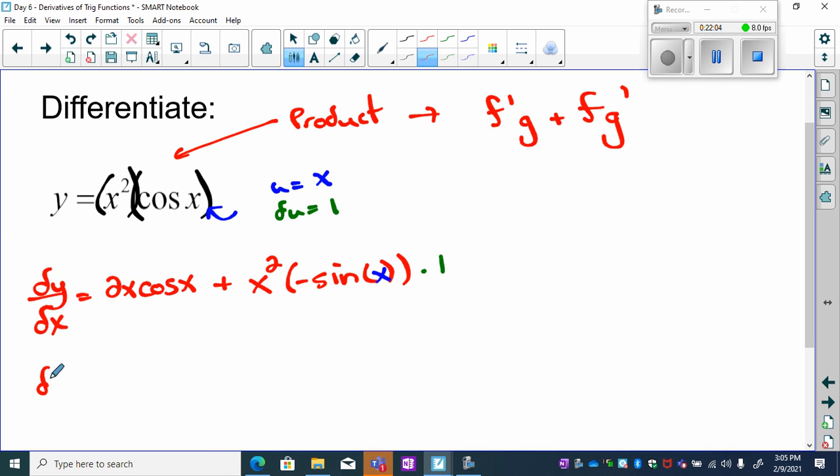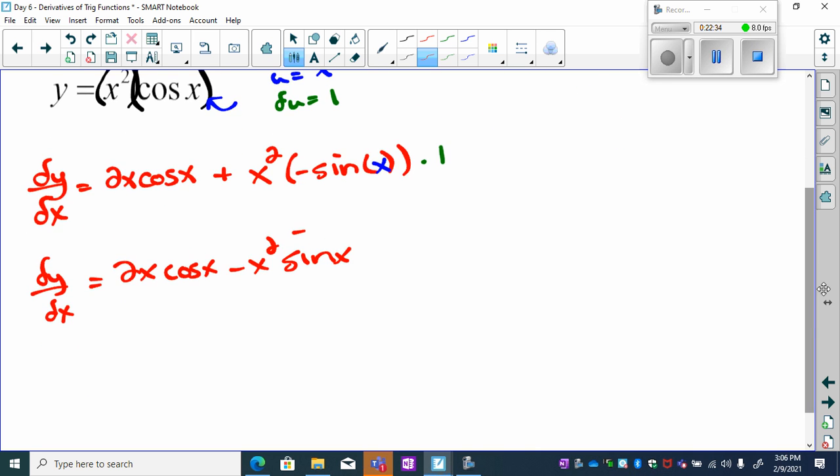And I'll just clean it up from here. dy over dx is going to equal 2x times the cosine of x. This would be a negative 1 times a positive 1 times a positive x squared, so I'll call it negative x squared. And then you've got your sine x here. Okay? You're multiplying here. X squared times negative sine x times 1 would give you negative x squared sine x.